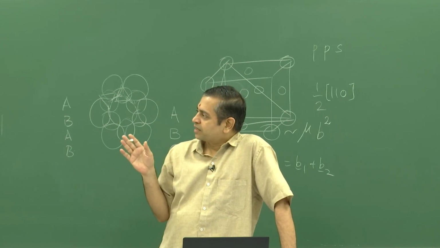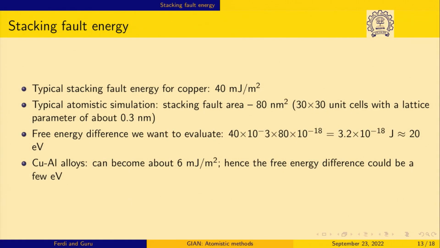But on the other hand, in the copper aluminum alloy, when you go to higher amounts of aluminum, the stacking fault energy can become 6 millijoules per meter squared. So, it will come down to a few electron volts. So, that much difference you have to be able to accurately calculate.